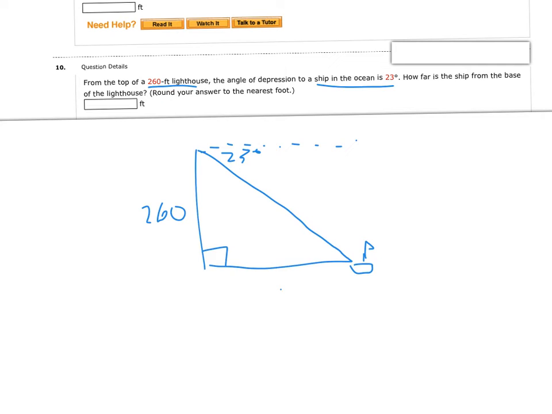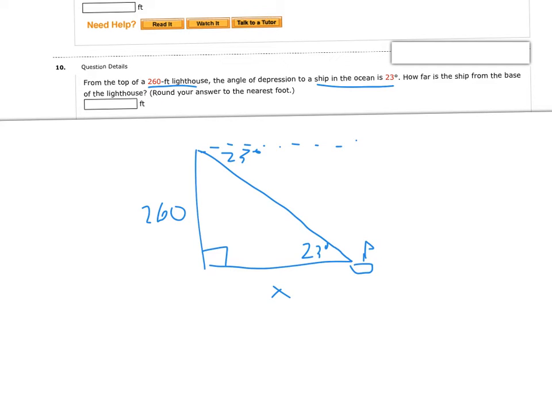And so it's wanting to know this distance right here. And so you got a couple options for this. You can subtract that from 90 to get this other angle. Or what I like to do is I always like to just draw this right here, the 23 degrees. It's really the angle of elevation from the ship up to the top is always the same as the angle of depression from the top back down.